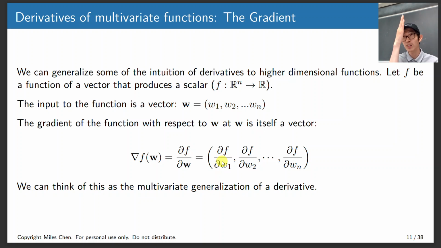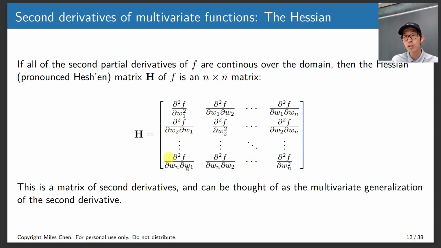Then we get another vector of length n. And so we end up getting this n by n Hessian matrix.